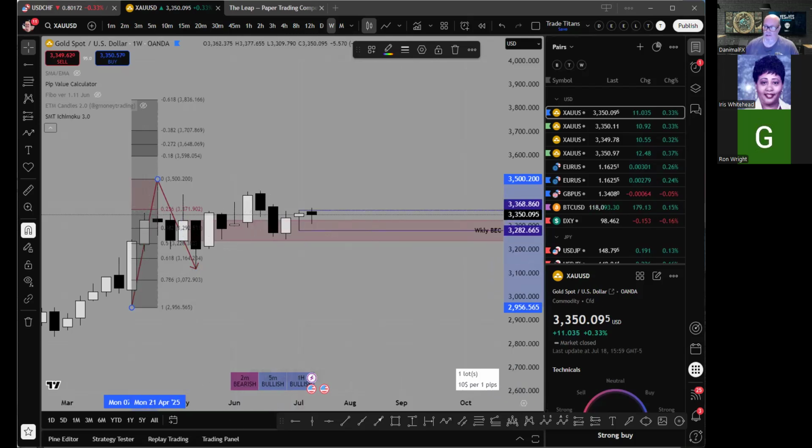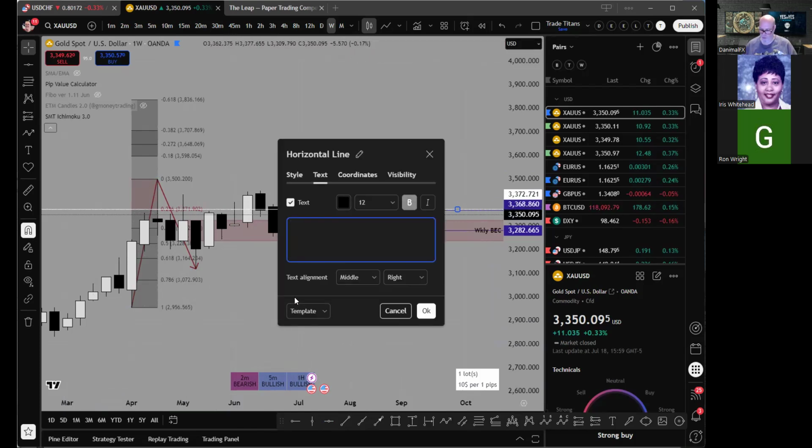Look at that, right at the 23.6 level on the weekly for that particular impulse. Isn't that interesting? I'm going to mark this, call this the 23.6% on weekly impulse.